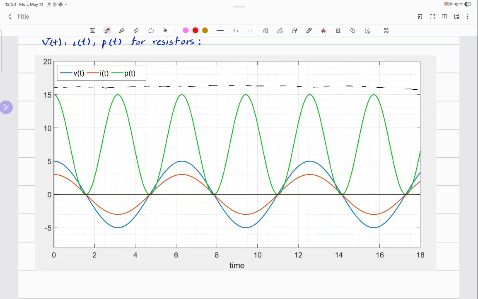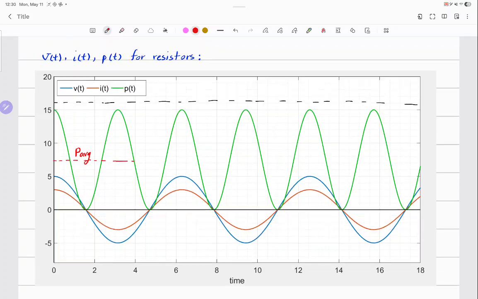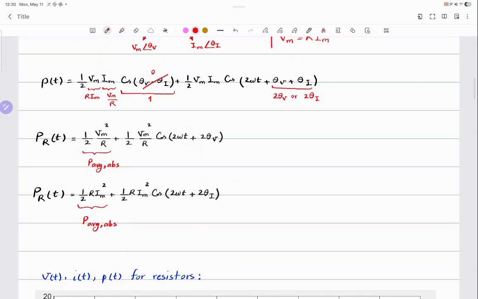Is the average value of the power 0? No. It's somewhere, I don't know. Probably here. That is P average. Any problem?